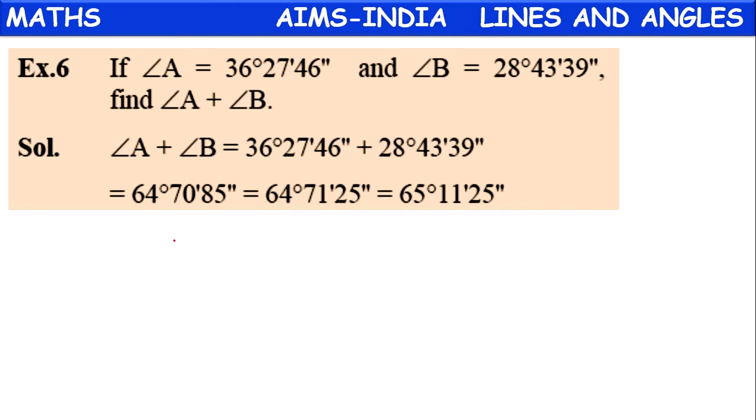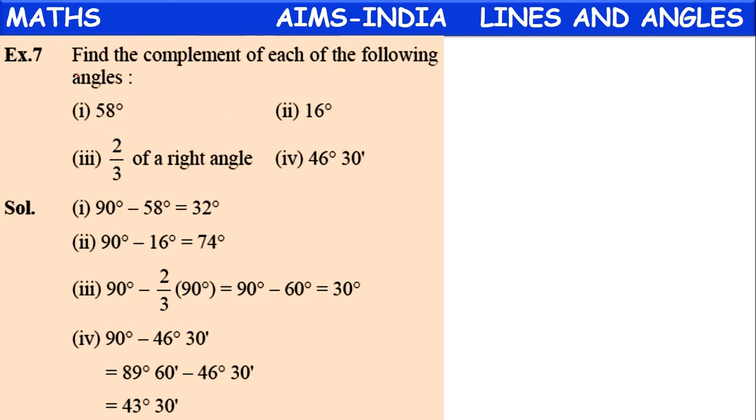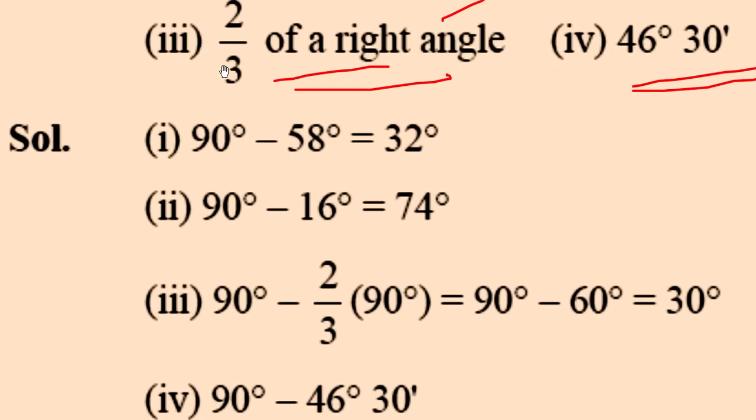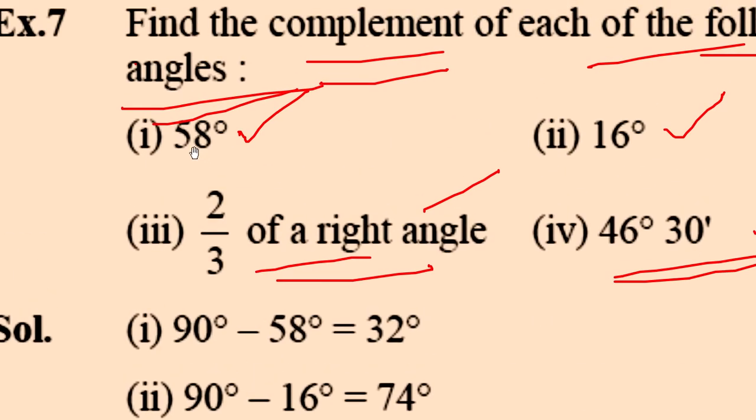Okay, children? So next. Find the complement of each of the following angles: first, 58 degrees; second, 16 degrees; third, 2 by 3 of a right angle; fourth, 46 degrees 30 minutes. So how to find the complement of 58 degrees? 90 degrees minus 58 degrees.